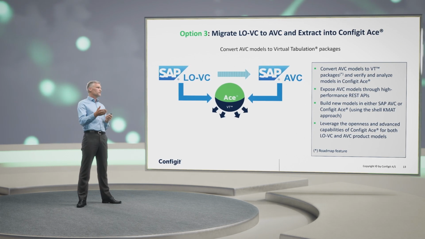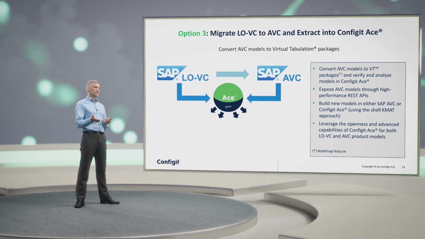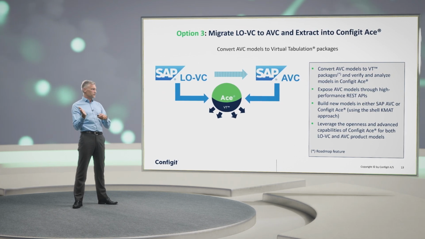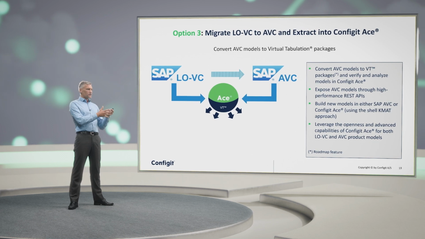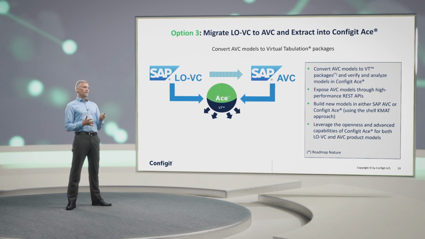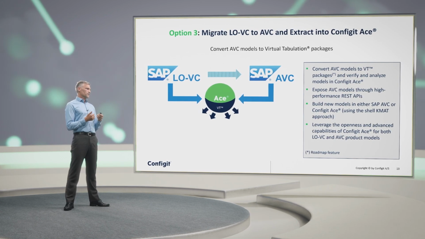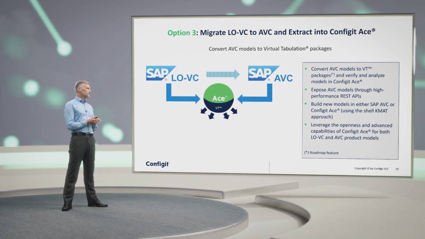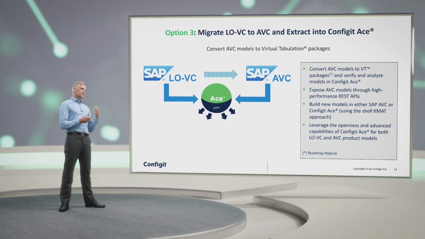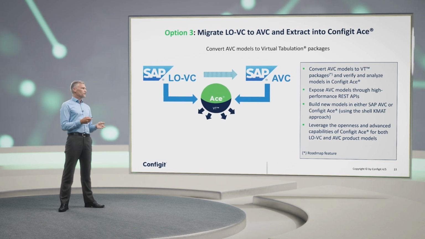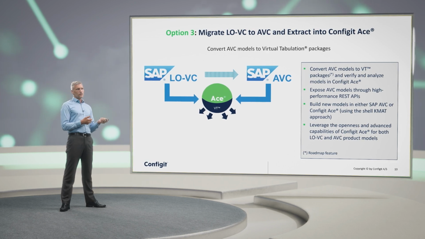You support a gradual, stepwise transition of your models from LO-VC to AVC. You can use option 1 and 2 for one set of your models, and then option 3 for those models that you want to migrate to AVC. But at the same time, you have one shared source of truth for your configuration data, so that you have access to that information across your business.